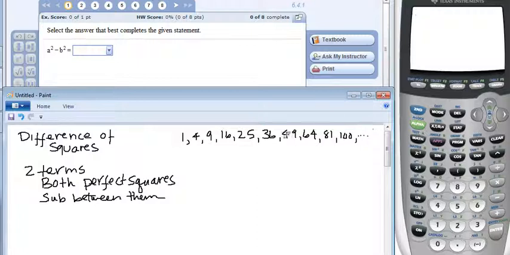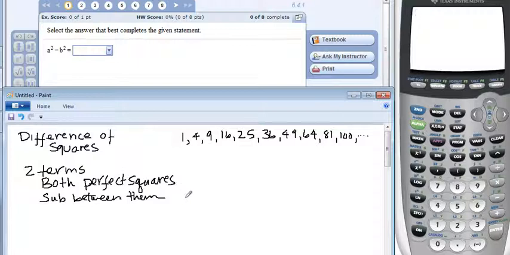If I take the square root of any of these, I get a nice even number. Square root of 25 is 5. Anything else between these numbers gives me some sort of messy decimal. It's not a perfect square. Yes, they do have a square root, but perfect in this case means they come out whole numbered.